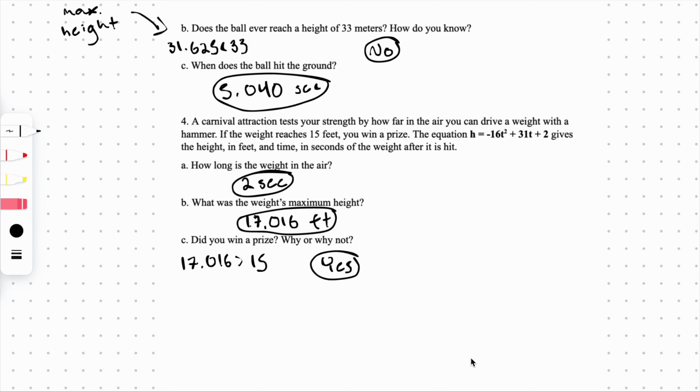Okay, that's basically how we do quadratic word problems. Hopefully by the end of this lecture, you've become a little bit more comfortable, a little bit more proficient in not only modeling real world situations with quadratics, but also using our calculator and using all of its capabilities to help us do it in the most efficient way. Especially on the SAT, you may be able to solve some of these problems using pen and paper.